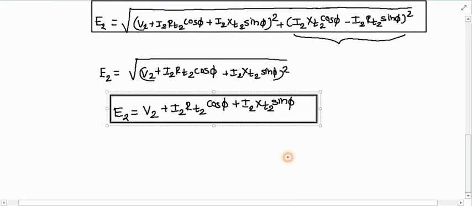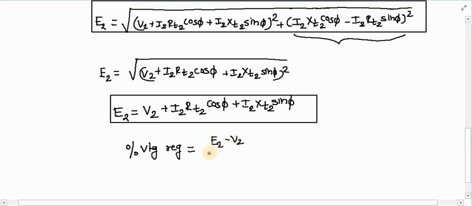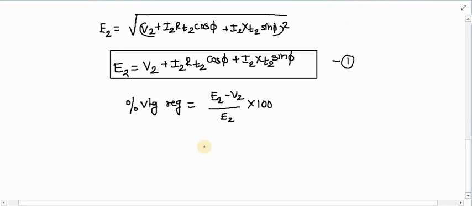And what is voltage regulation then? Percentage voltage regulation equals E2 minus V2 divided by E2 into 100. Put the value of E2 from equation number 1 in this. What is the percentage voltage regulation you will get?